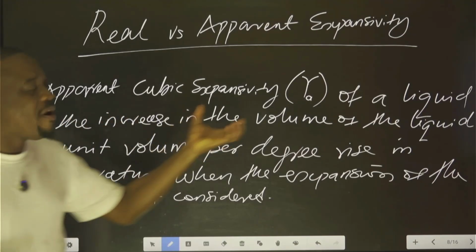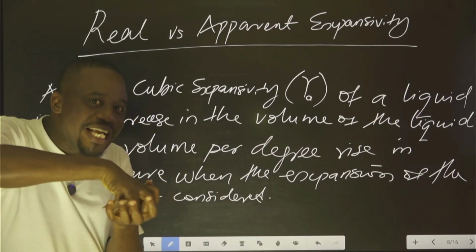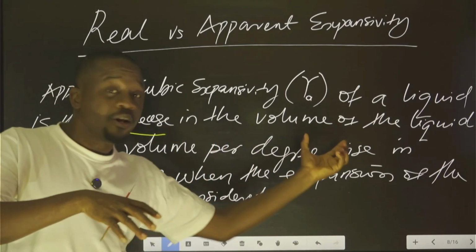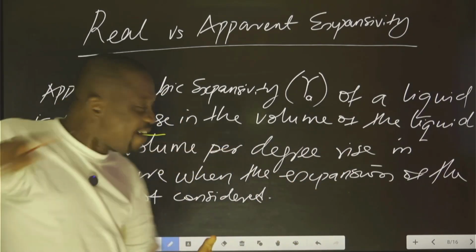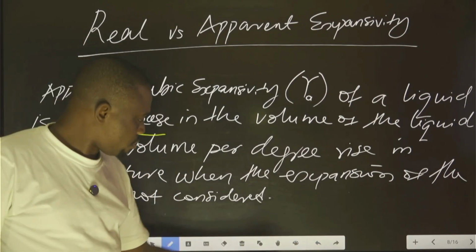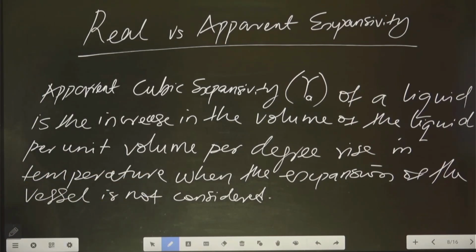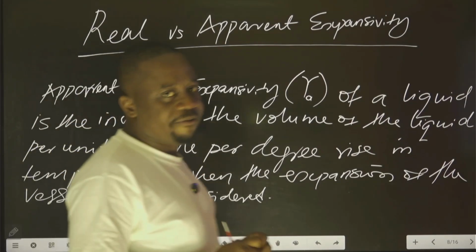Increase in the volume of the liquid in the container. The increase, that is the rise in the volume, that is the increase in volume over per unit volume, that is the original volume, per what? Rise in temperature. We are still describing the formula.